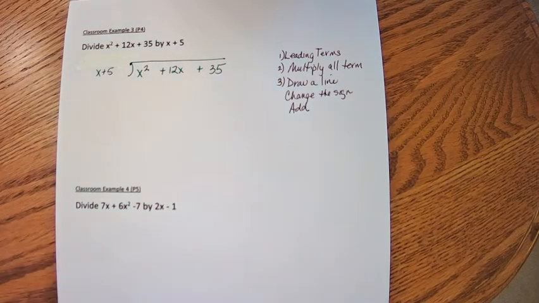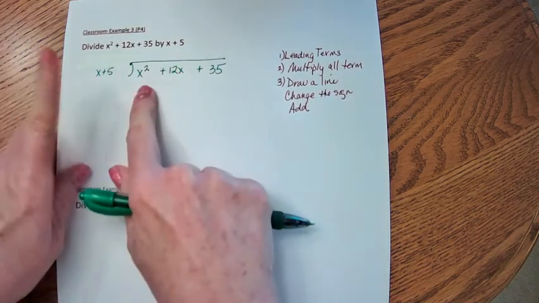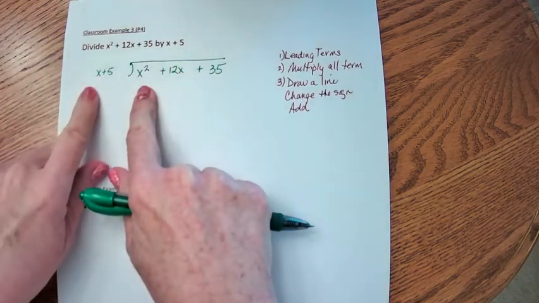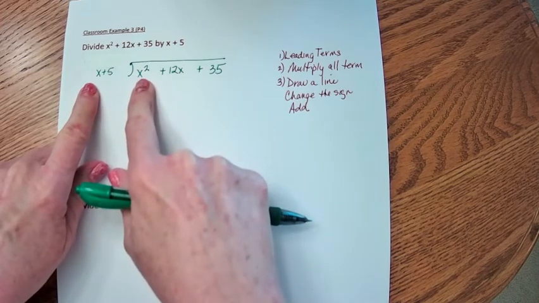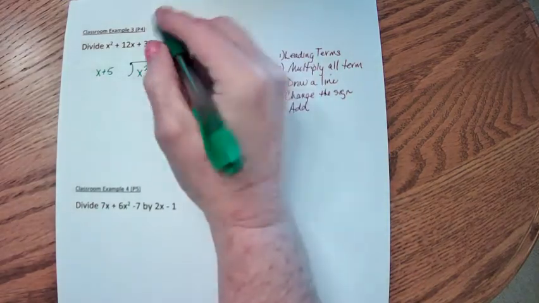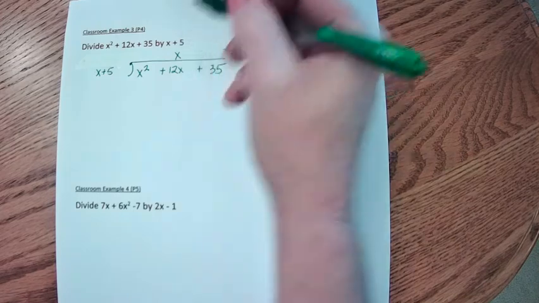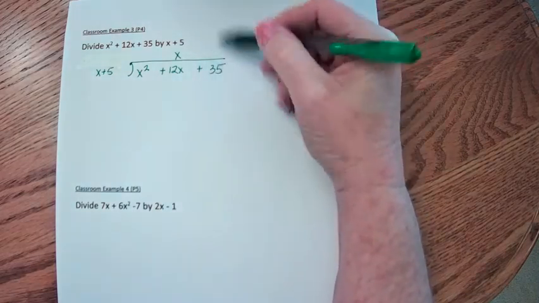All right, so let's see what I mean by this. We're looking at the leading terms. What do I have to multiply x by to get x squared? X. I'm going to put that in my x column. This is my x squared column. This is my x to the first column. And this is my constant column.